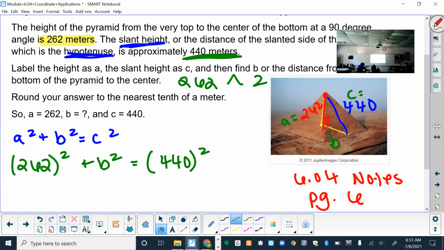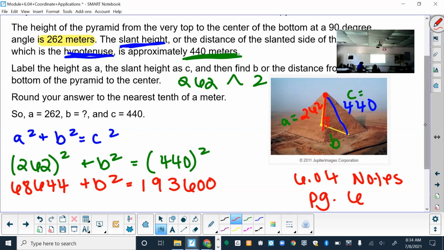When I entered that, I got 68,644. Right? Everyone with me so far? You can double check it on your own calculator. And then 440 squared, I got 193,600. All right, bigger numbers, but still the same process.